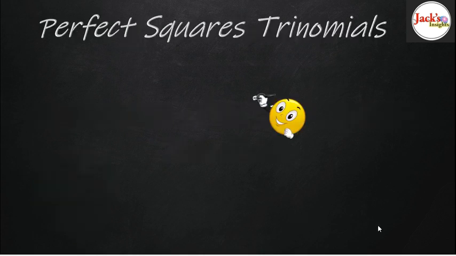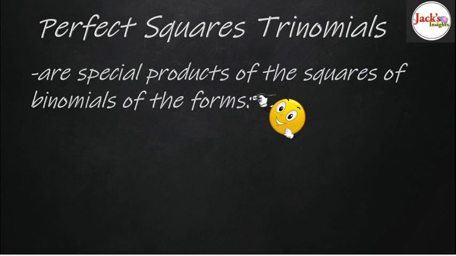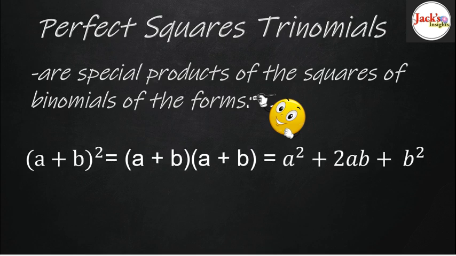So let us recall what are perfect squares trinomials. So unsa man na sila? So in your algebra class, perfect squares trinomials, these are special products of the squares of binomials of the forms. So we have two different forms of PST. So it can be the square of a sum. So that is the square of the quantity a plus b squared equals, or it can be a plus b times a plus b.